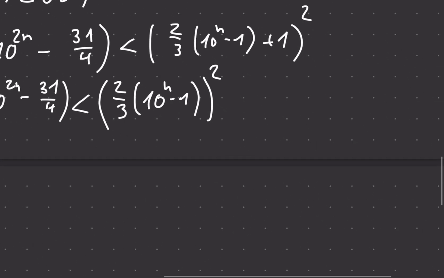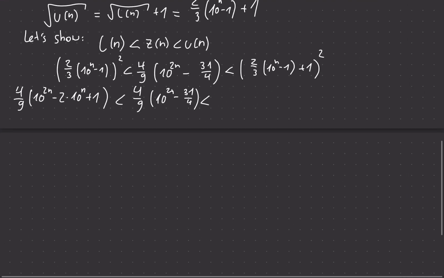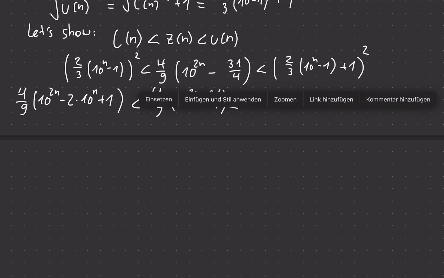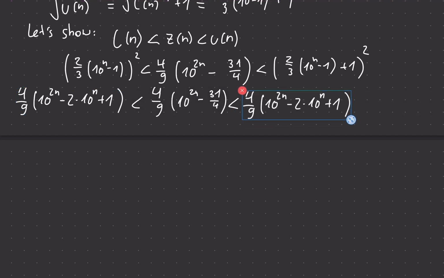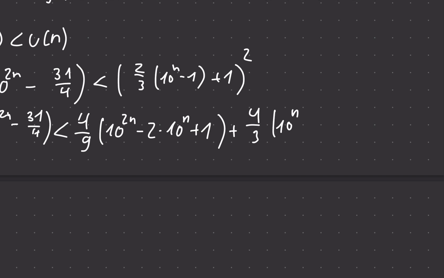So we can just erase this and paste our former L of n. And then the rest is plus, what do we have? 2/3 times 1 times 2 times 10 to the n minus 1. So 4/3 times 10 to the n minus 1, plus 1.